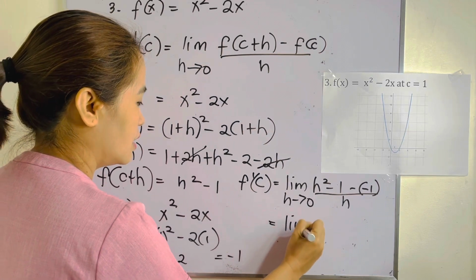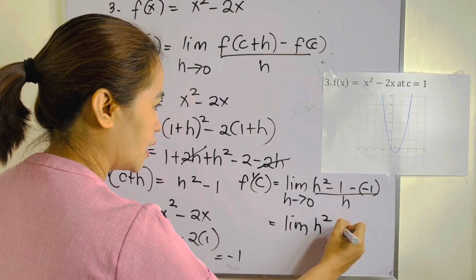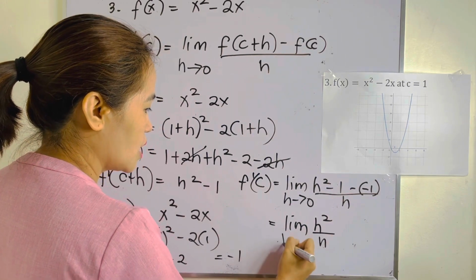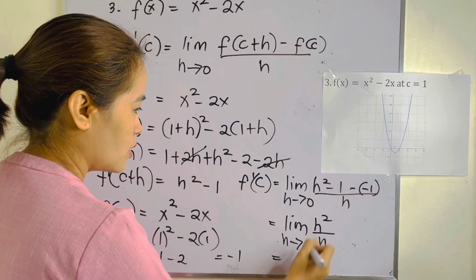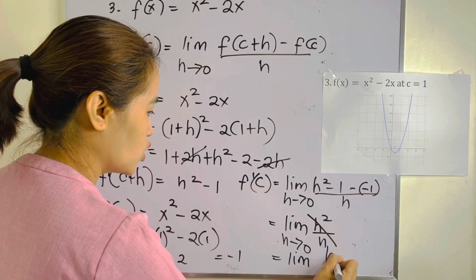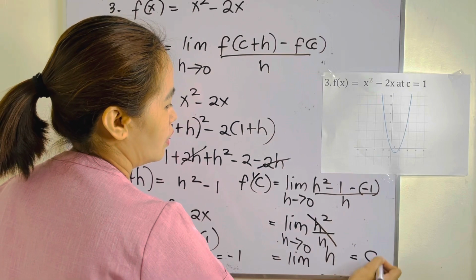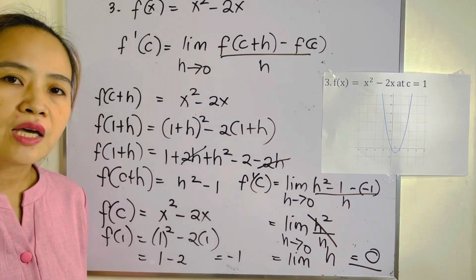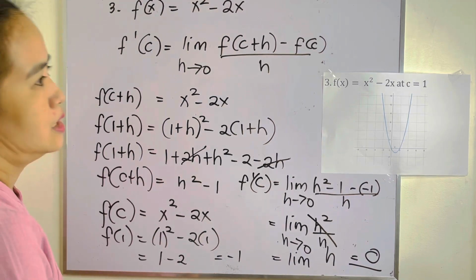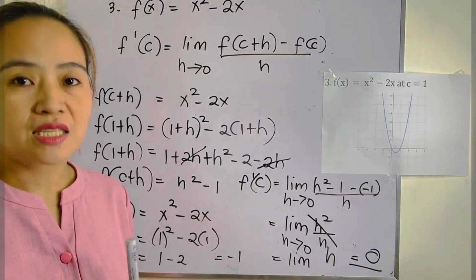So this one is the limit of h squared, since negative 1 plus 1 is 0, over h as h approaches 0. So we can cancel it, and then we have the limit of h as h approaches 0, which will be equal to, of course, 0. So meaning to say, it is differentiable at c equals 1 because the derivative exists.